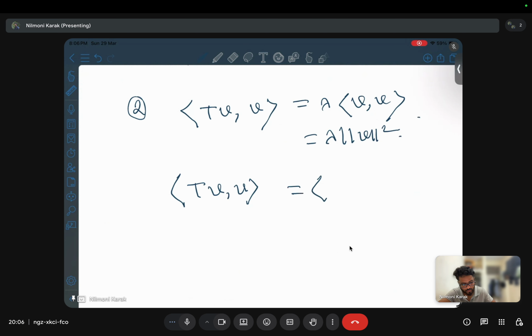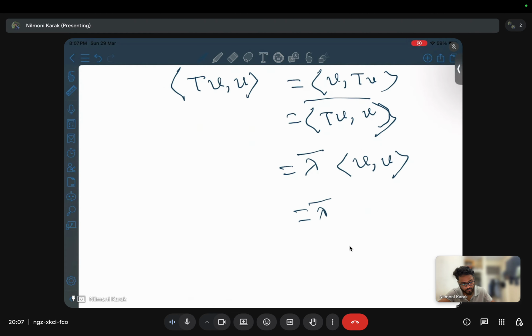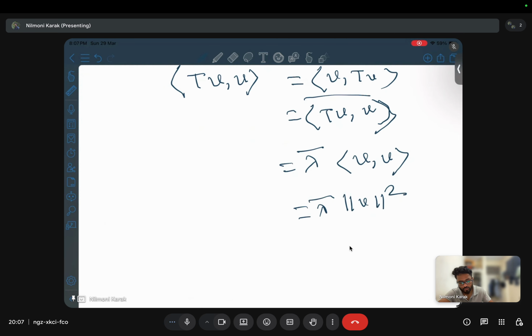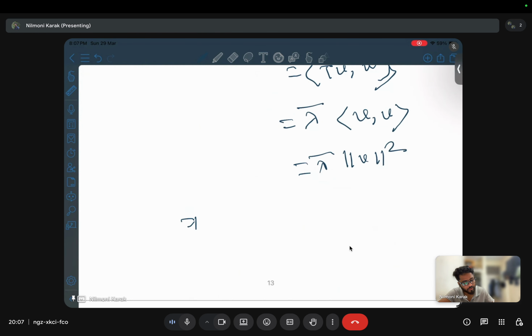Again, this is <v, T v>, this is <T v, v> bar. From here, lambda bar <v, v>, the lambda bar ||v|| squared. And compare this and this. We will have lambda equals to lambda bar, and so lambda is in R.